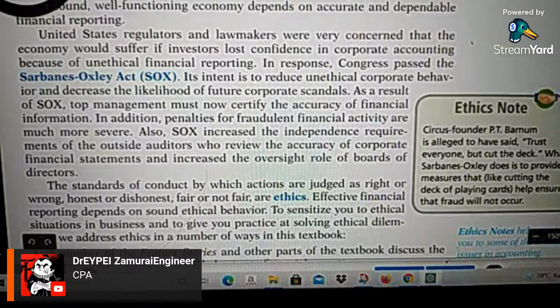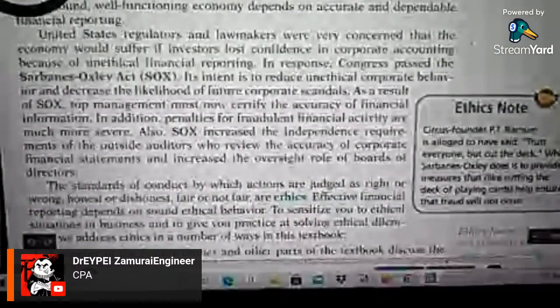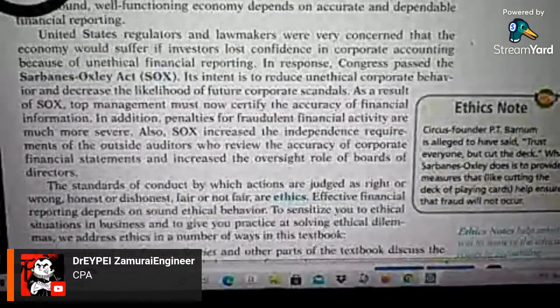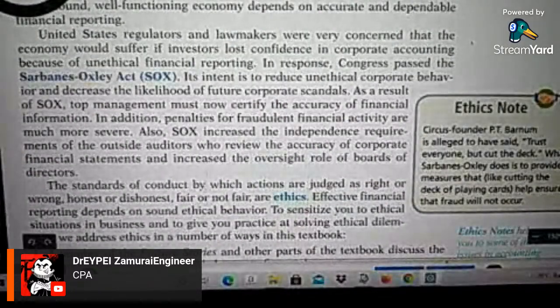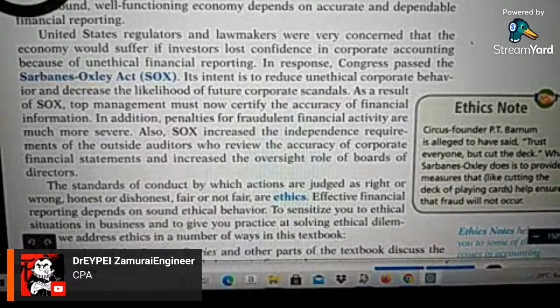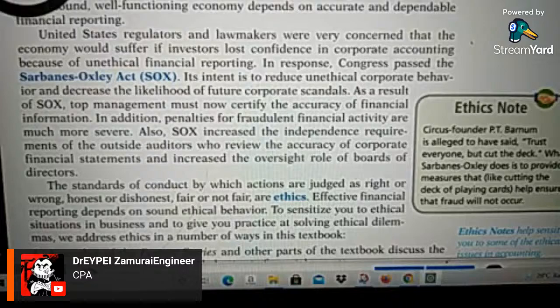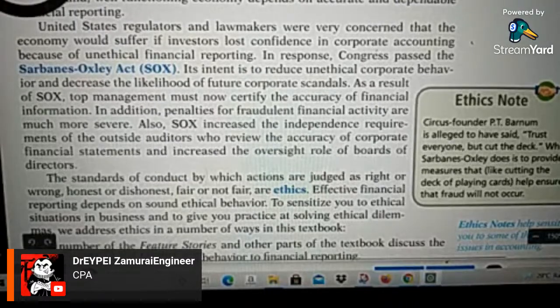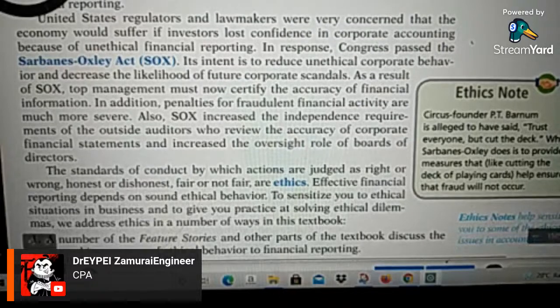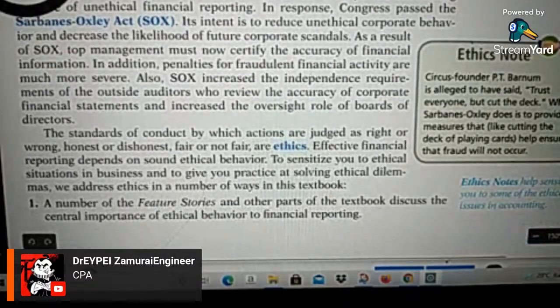Just remember that SOX is to criminalize the rigging of financial accounting statements, so that companies are prevented from misrepresenting their accounting statements. That is what we know as SOX.